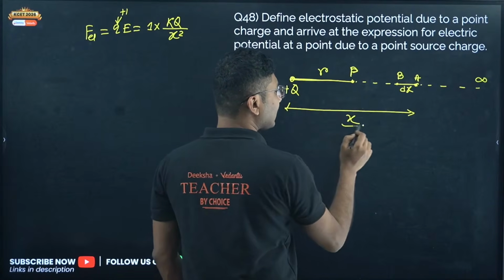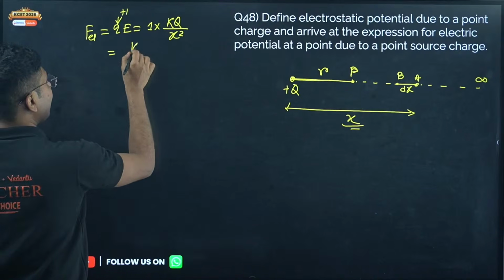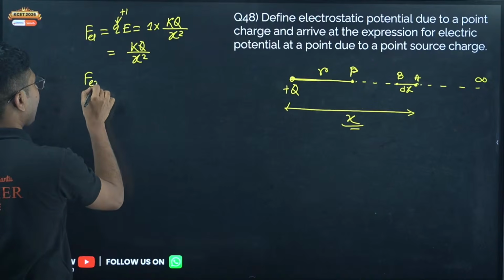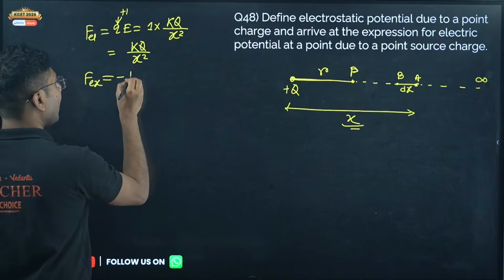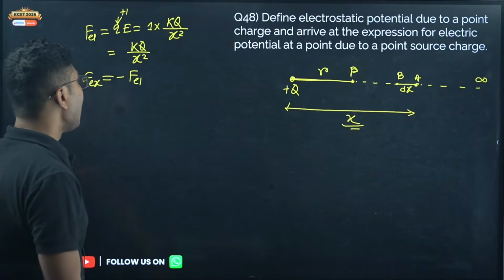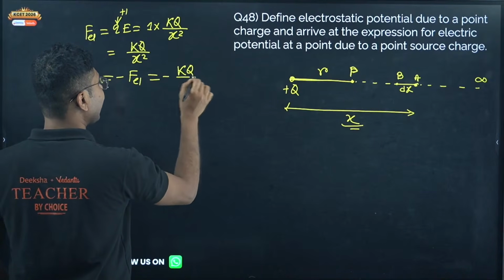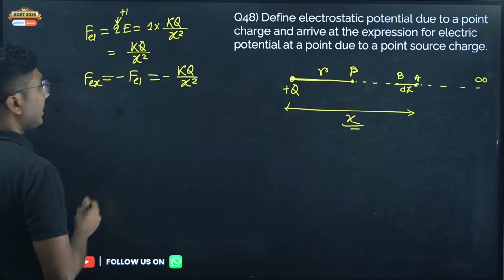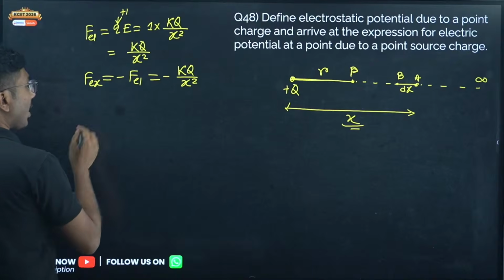Now the external force that we have to apply must be equal but opposite to this force, so it will be minus KQ by x square. So this is the external force.